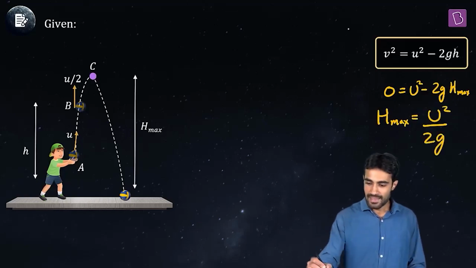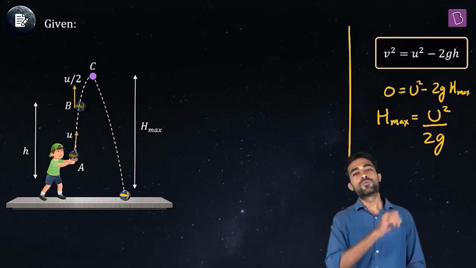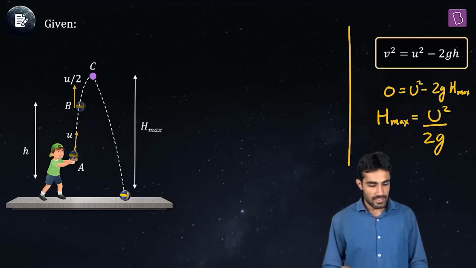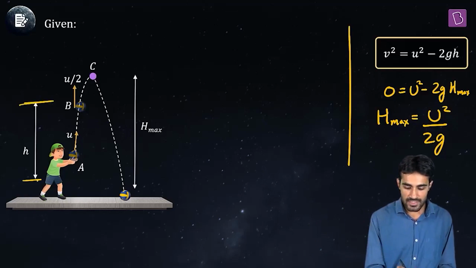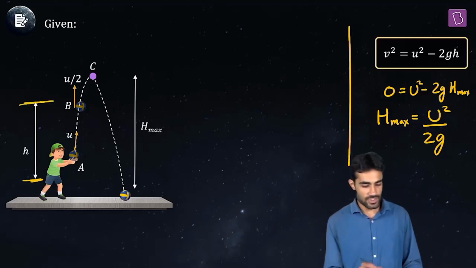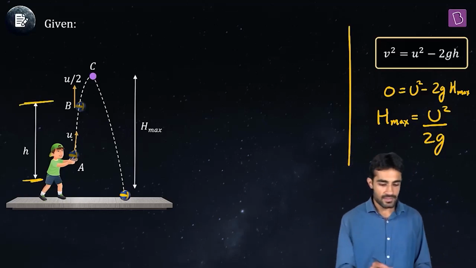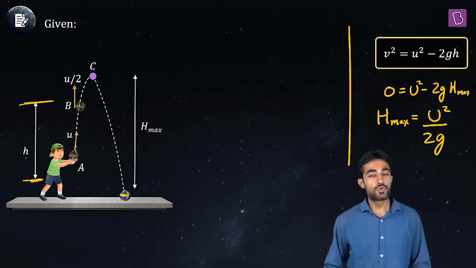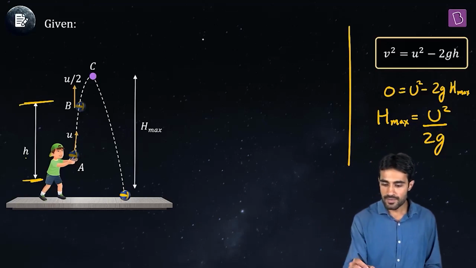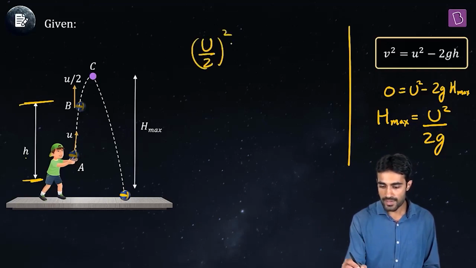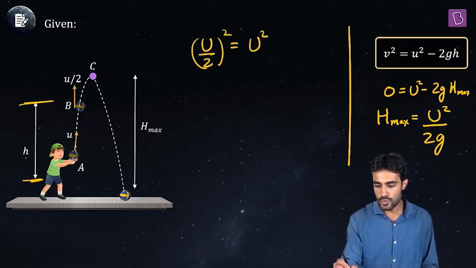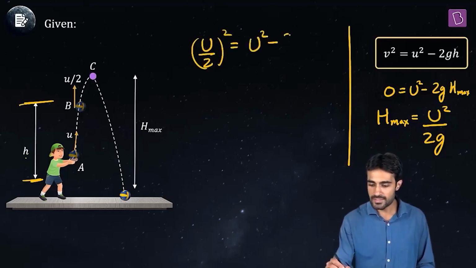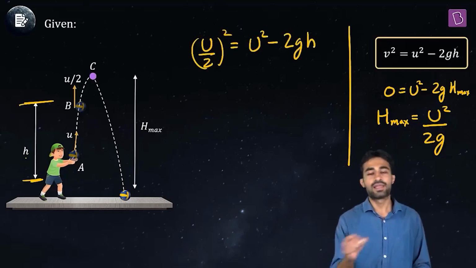So good. Now let's apply the same formula one more time. This time we will apply it between these two positions. Initial velocity was u, and at this height, small h, the speed is u by 2. So v becomes u by 2. We have u by 2 whole square equal to u square minus 2g small h.